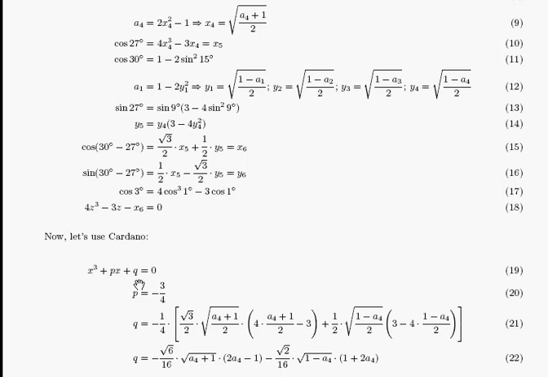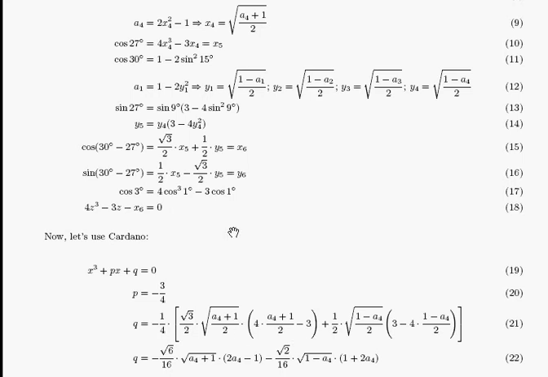x cubed plus px plus q equals 0, where p is minus 3 over 4 and q is minus x6 over 4. Who is x6? Minus 1 over 4 times the square root of 3 over 5 x5 plus 1 half y5. So we have to substitute the 5's. x5 is 4 x4 cubed minus 3 x4.